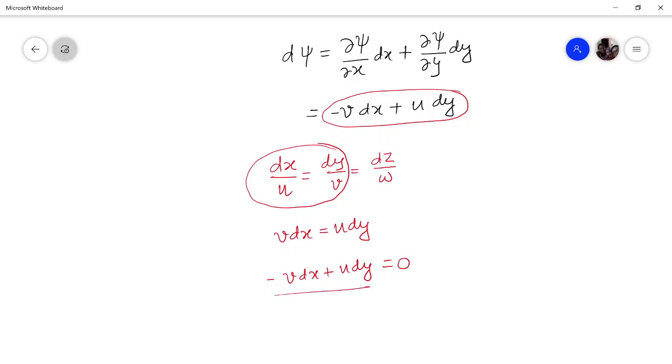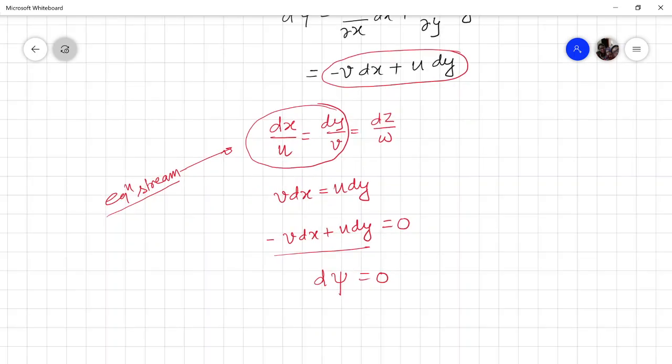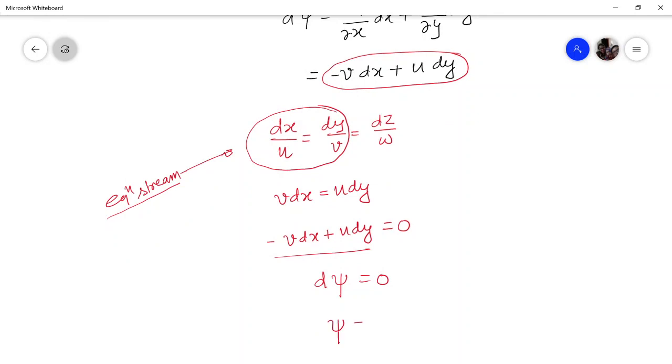Therefore, as this is the equation of a streamline and along that line minus v dx plus u dy is 0, that simply means if you place this stream function onto that particular line, the change of stream function along the line will be 0, or the psi becomes a constant for that particular streamline.